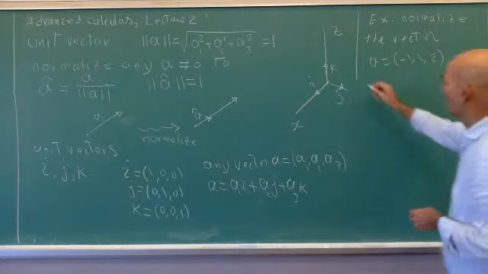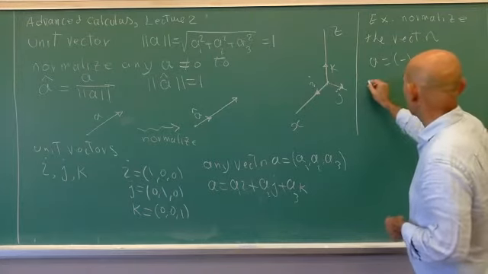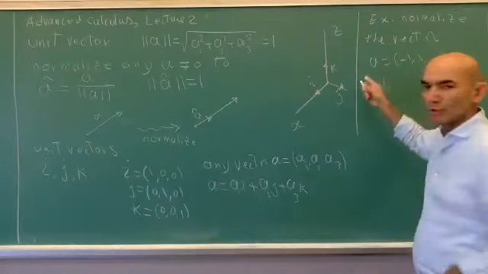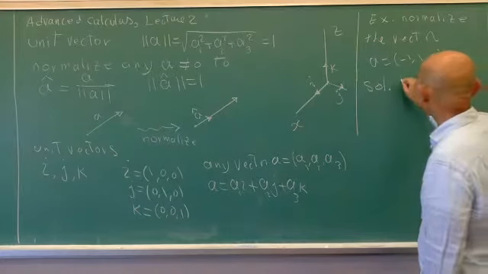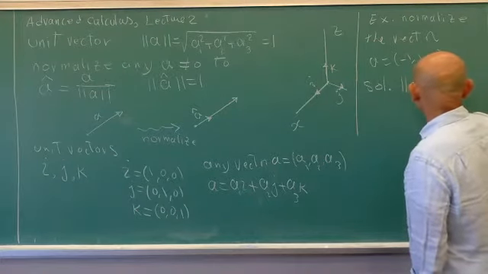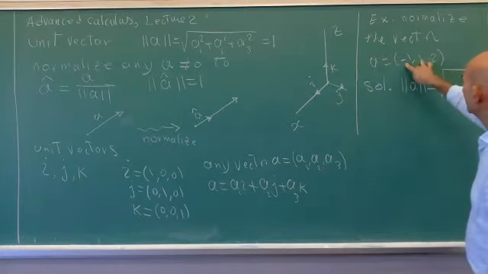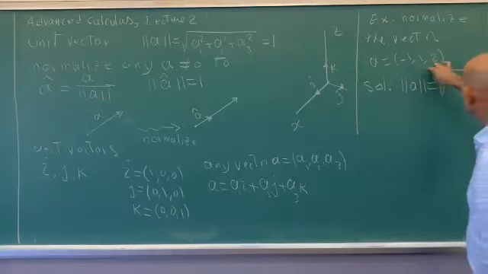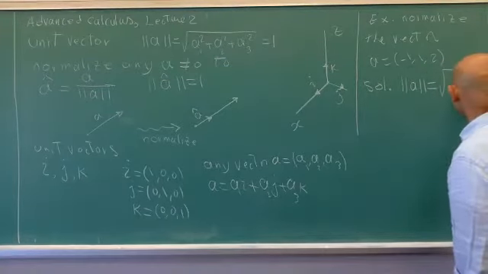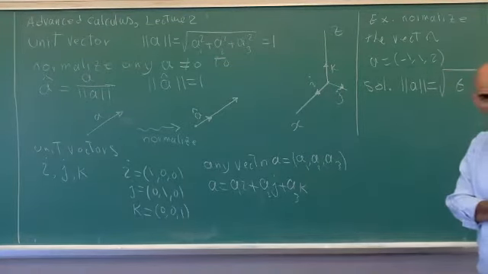Well, we first have to compute its norm, its length. It is equal to the square root of 1 squared plus 1 squared, which is 2, and then 4, which makes 6. So it's just the square root of 6. That's the length of this vector.